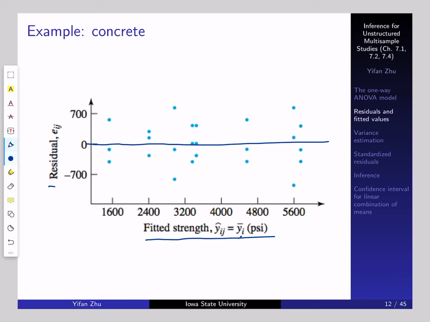So it's evenly distributed around this line. So this is good. And we can see that the spread for each level is almost the same. So that also indicates that the equivariance assumption is plausible.